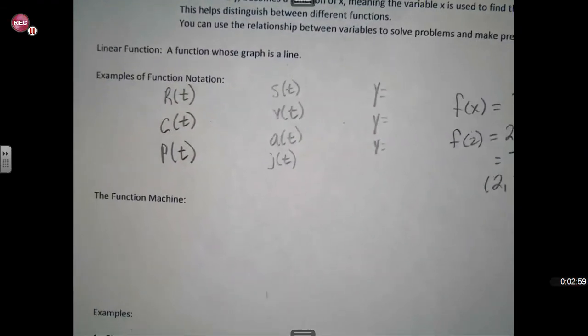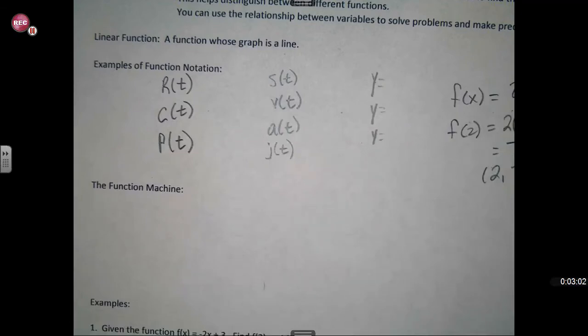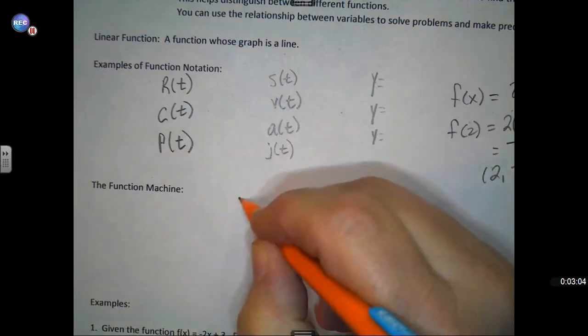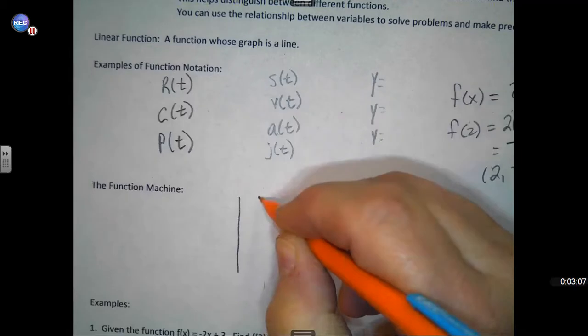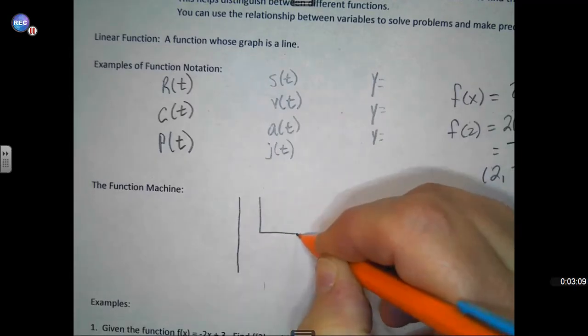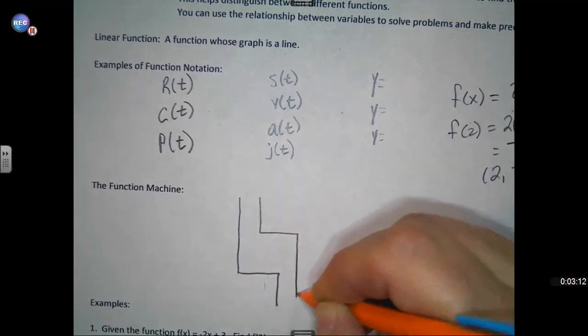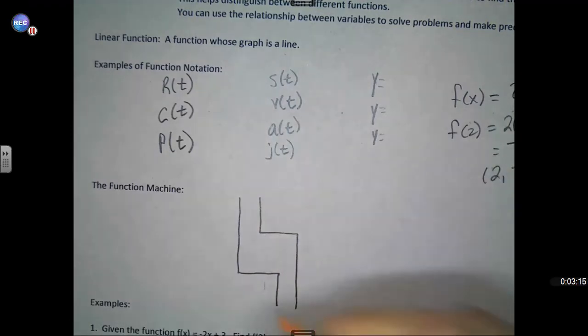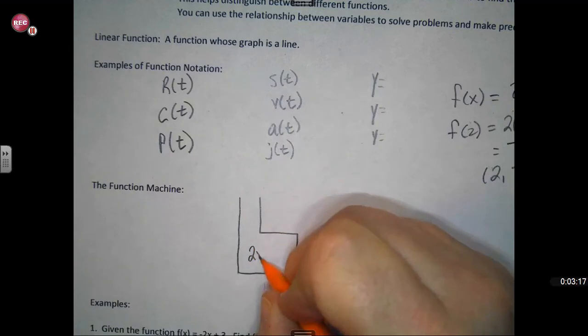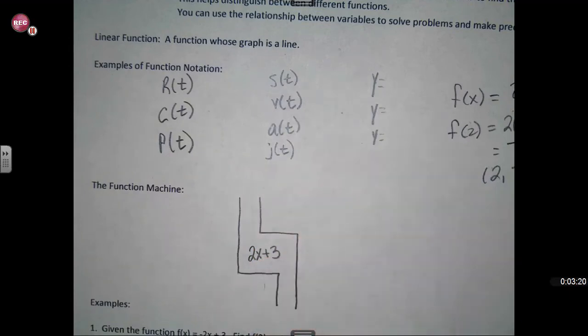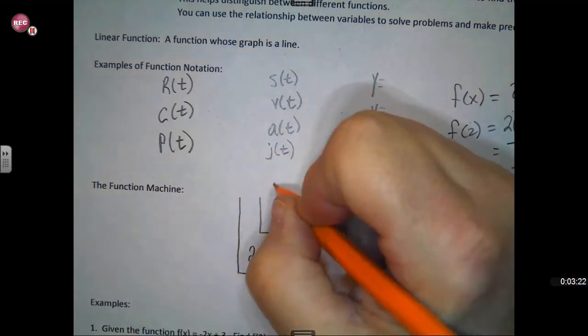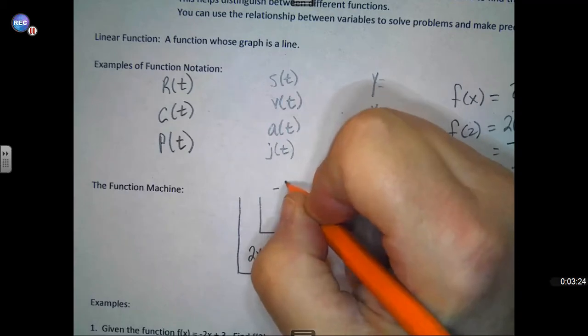What the book likes to talk about is that we have a function machine, and our function machine looks something like this. Inside our function machine is the equation 2x plus 3. Let's plug in -5.